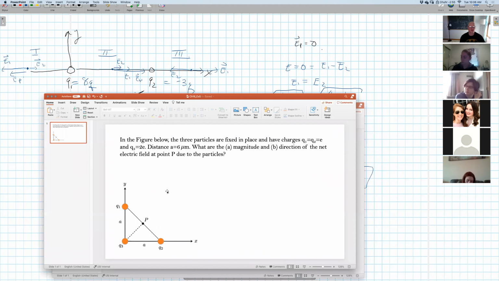So that's 1.602 times 10 to the minus 19 coulombs. A here is a distance of 6 micrometers, and it wants to know what are the magnitude and the direction of the net electric field at point P due to the particles. Okay. So good. So let's do that.